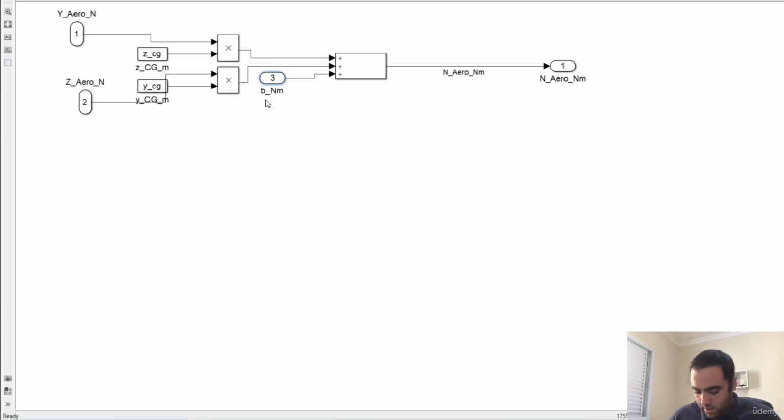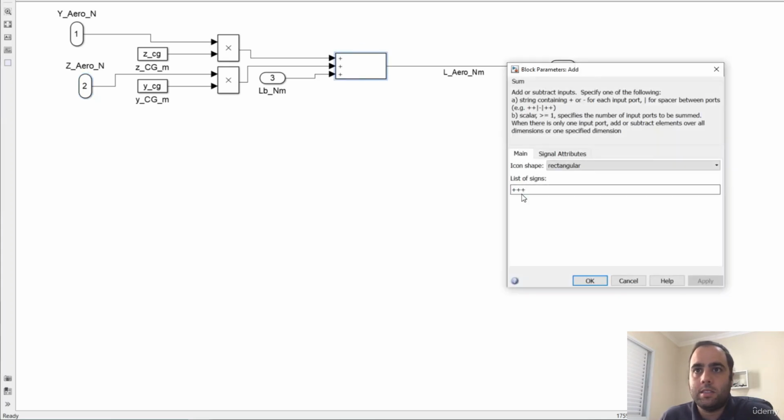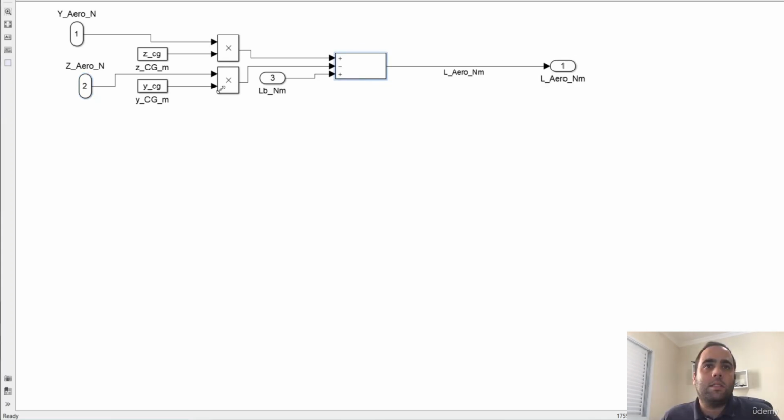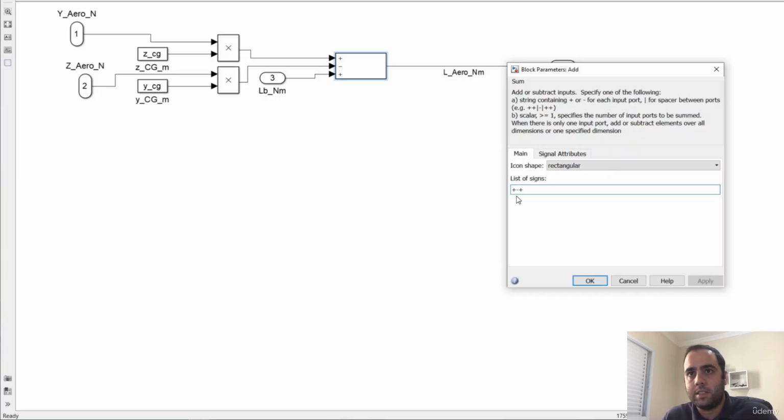And here we're going to need the L. So for this one, it should be Z times Y, with a negative sign, so Z times Y negative, and also need the Y times Z, also with a negative sign here.